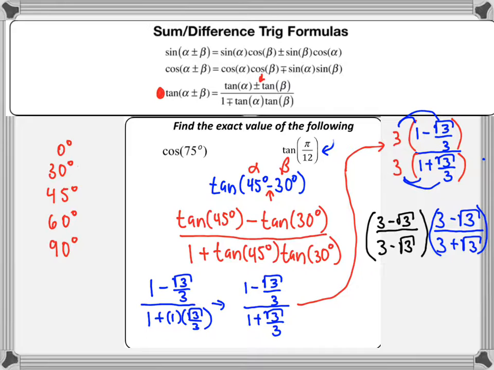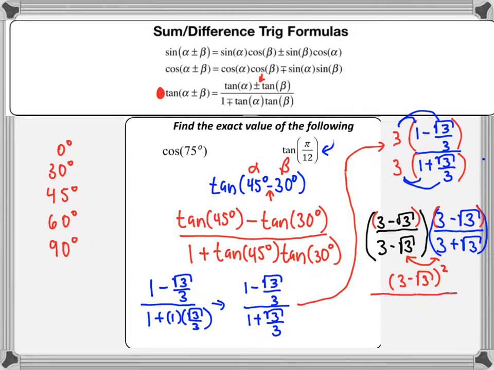Written in black there is the conjugate, and you notice that these are the same up top, so I'm just going to leave them be as 3 minus the square root of 3 squared. Now I have to do some FOIL with these guys right here.